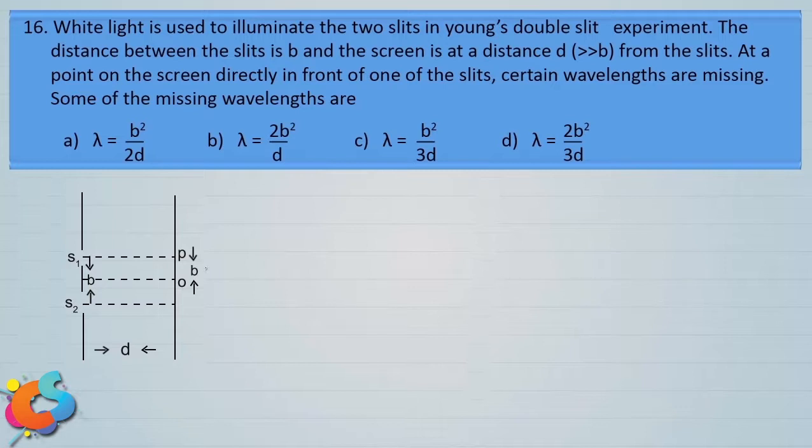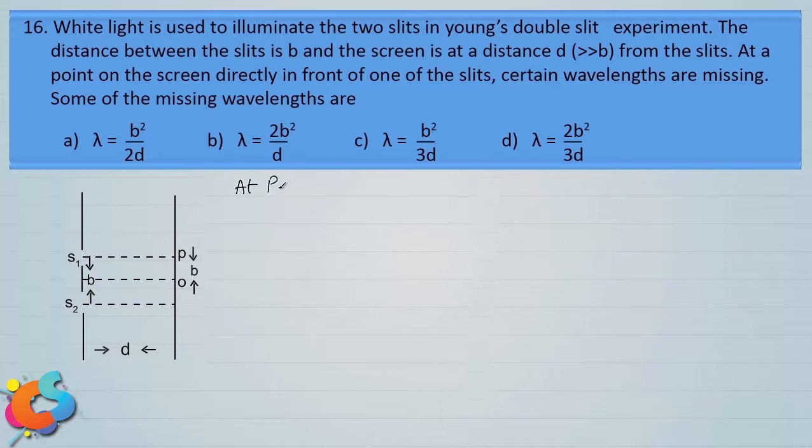The question asked here is, there are few wavelengths missing at point P. Remember, we have made use of white light here, and the missing wavelengths correspond to the minimum or the dark fringe at point P. So you'll have to write a condition for minimum at P, or the dark fringe at P. So what do we know about P?